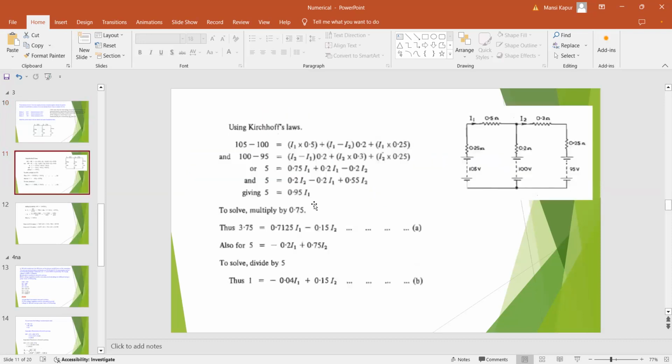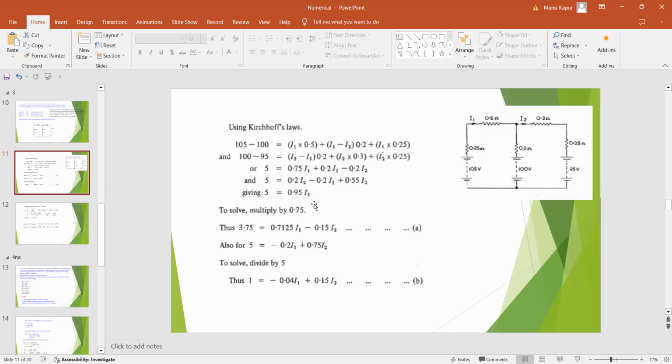Or do you want me to solve I1 and I2 with you? Can you just solve? I'm not getting the first equation fully. I'm getting 5 equal to 0.95 I1 minus 0.2 I2. I'm also solving.